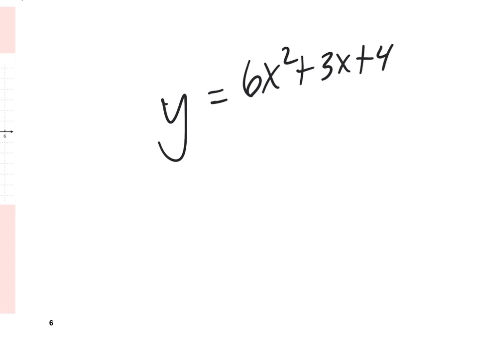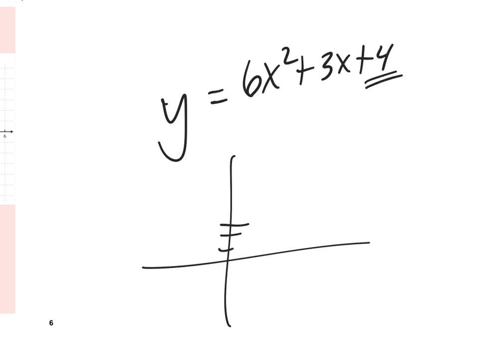I don't like memorizing these rules because you'll never remember them. But you should be able to just look at that and go, oh yeah, that's a U shape. I don't know exactly where it is. I do know its y-intercept is 4. So I got to go up like 4. And that could look like that. Well, it's definitely a U shape, so it has a minimum.